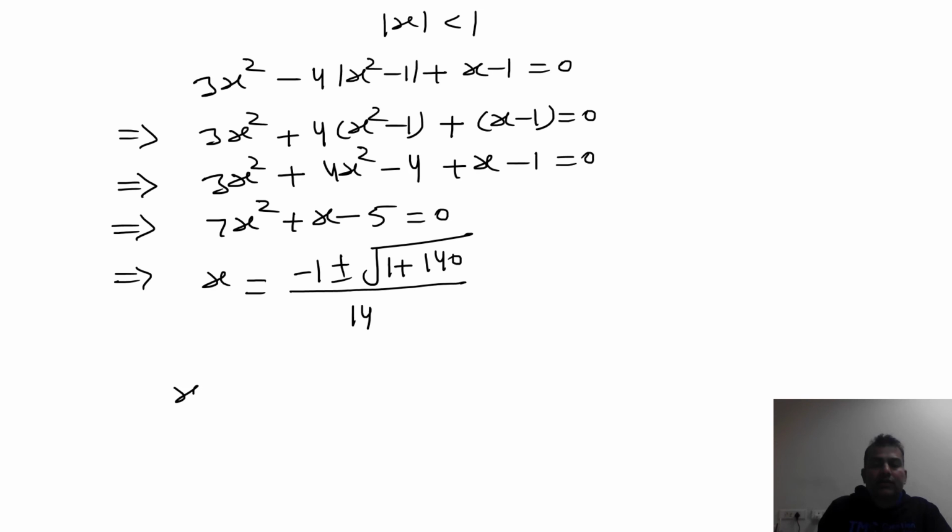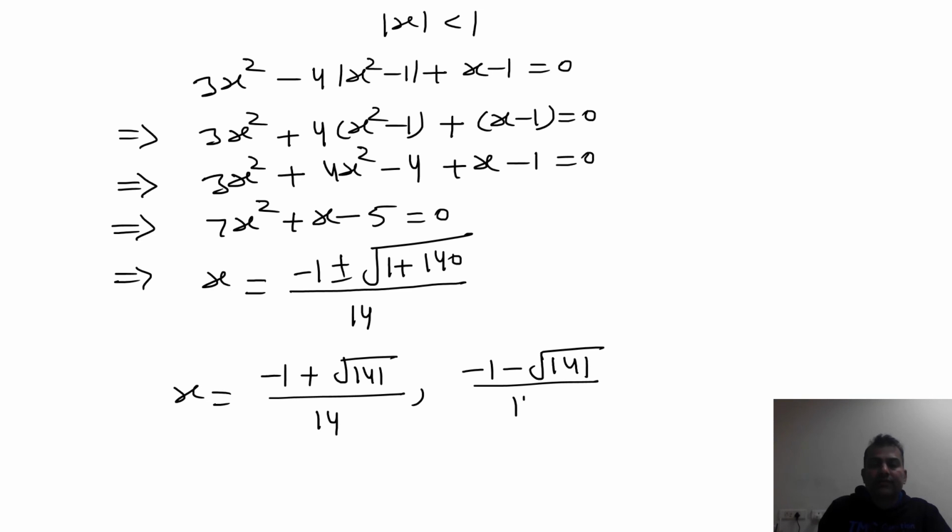So again I'm getting two distinct real roots. One is minus 1 plus square root 141 upon 14, and another is minus 1 minus square root 141 upon 14.